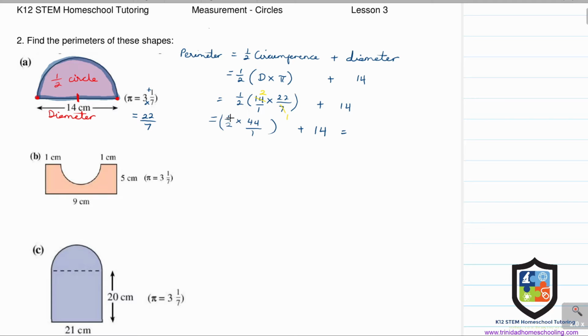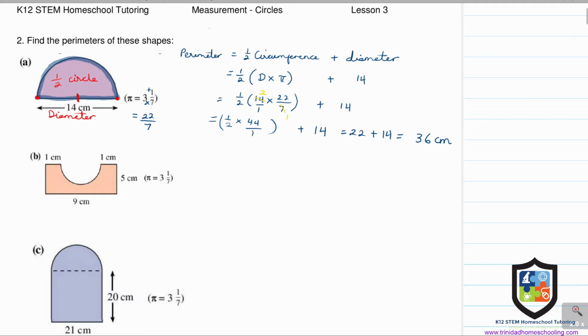Now 44 multiplied by a half, or a half of 44, is 22. And we're going to add that diameter 14 to give us a total of 36 centimeters. So the perimeter of this entire shape was half the circumference of a circle plus this diameter. And that's what we did here.